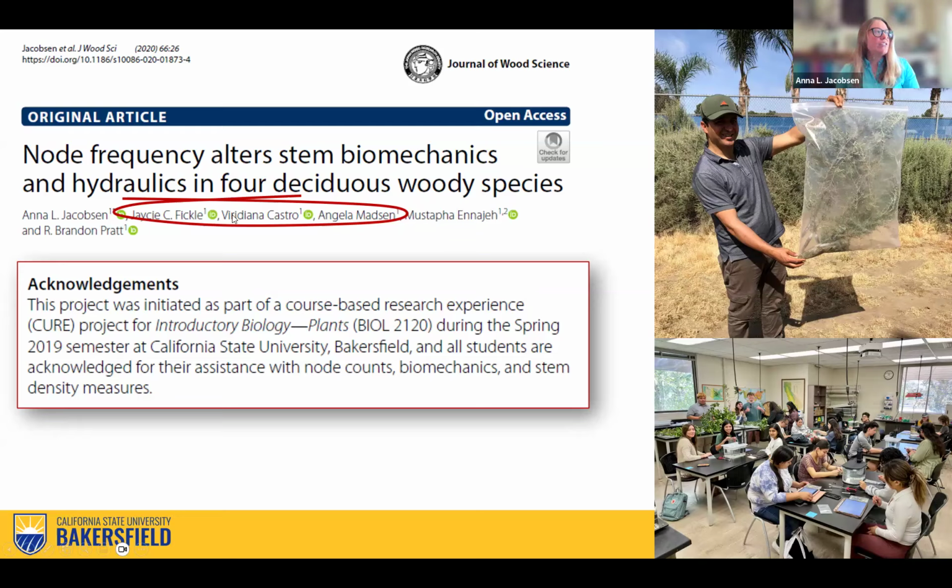The 3 students that are graduate student co-authors on this paper were graduate research assistants, but also the laboratory instructors for this course, and so they're the co-authors. Dr. Mustafa Inaja, the next author there, was here as a Fulbright scholar, so he worked on this project as a Fulbright scholar. And this was a really neat project.